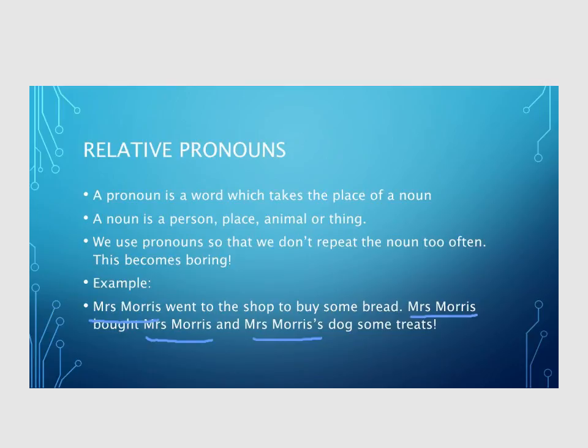Mrs. Morris went to the shop to buy some bread. What could we use instead of this one? I think probably she is a good one to use there, isn't it? She bought. Do I want to say she bought Mrs. Morris? Not really, do I? I want to say she bought herself.